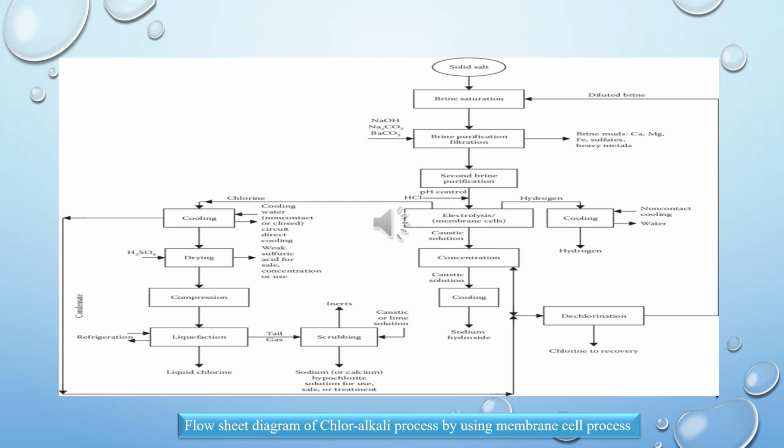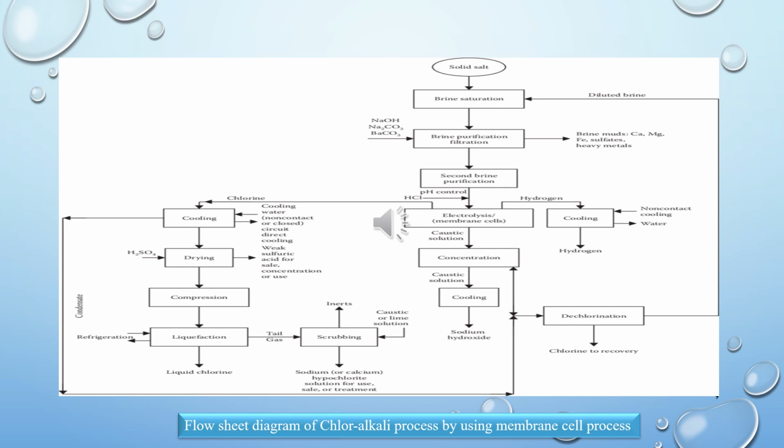We have seen different cell processes. In the diaphragm cell, the diaphragm will permit the charges but not permit the product. Similarly, in the membrane cell process, there is a membrane which only allows the sodium ion to pass through it toward the cathode chamber, but does not allow the hydroxyl ion or chloride ion to pass through it.